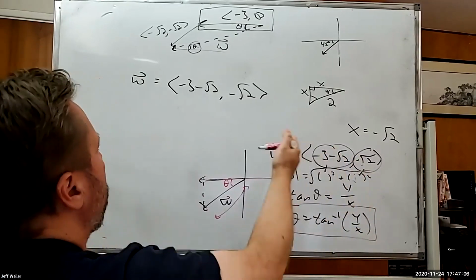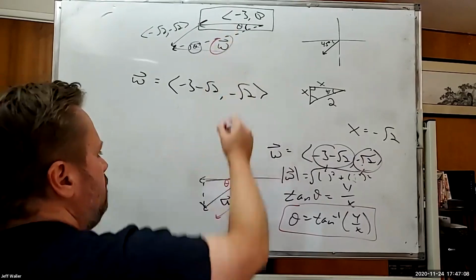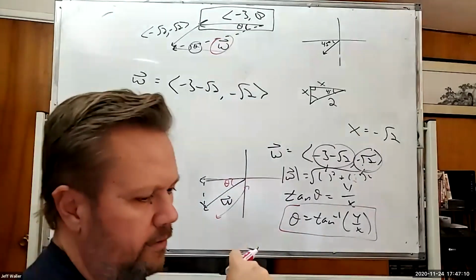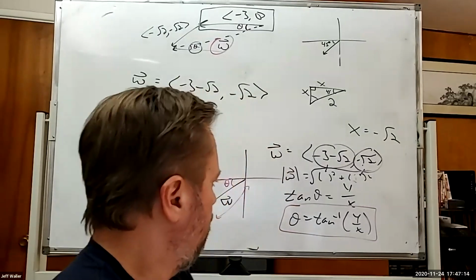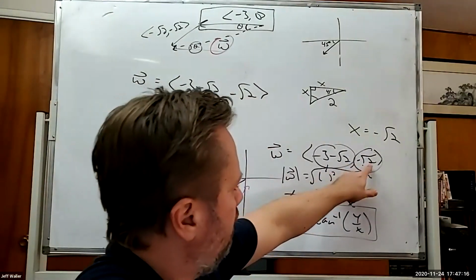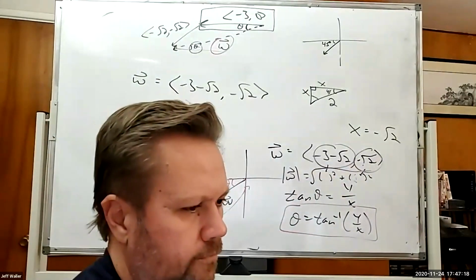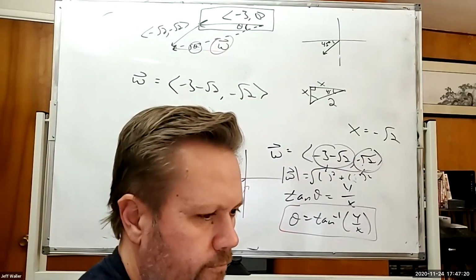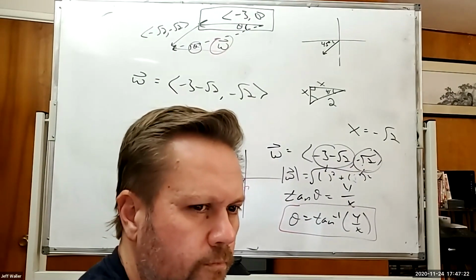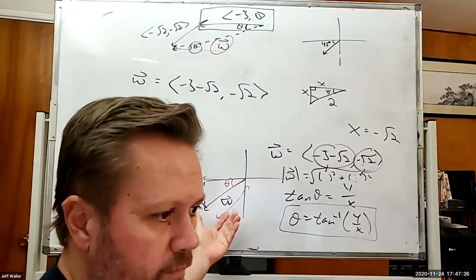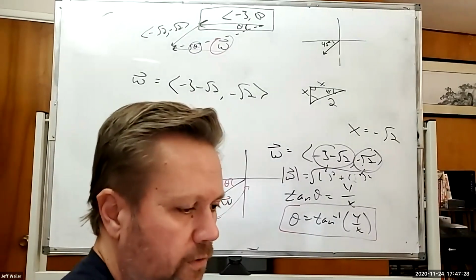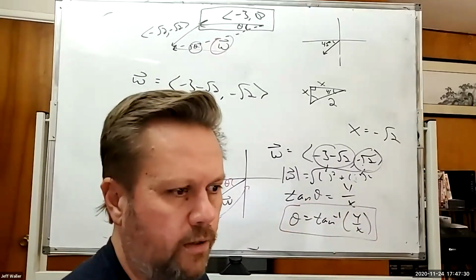We do happen to know what the length of it is, so you could also do it. You would get the same thing if you did the inverse tangent of that over that, because it's just the right triangle now. Once you've got it like this, it's just the right triangle. So of course other things would work.